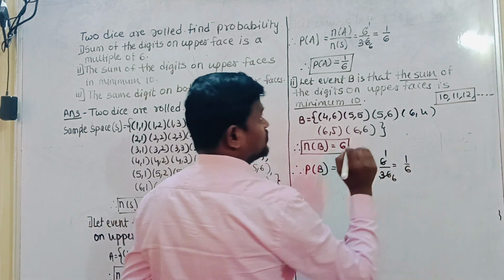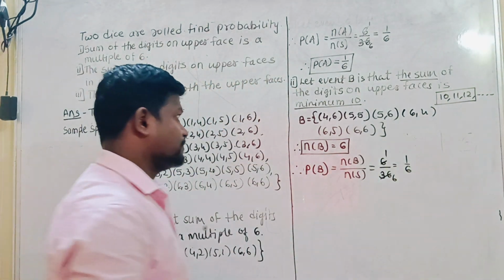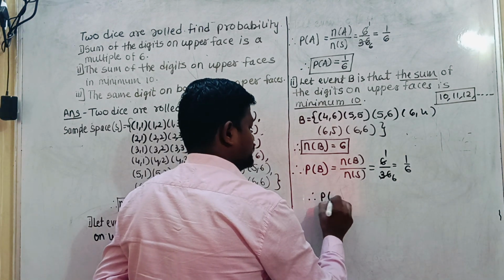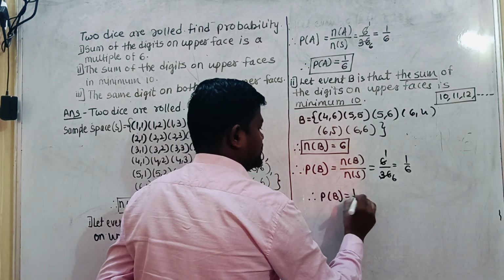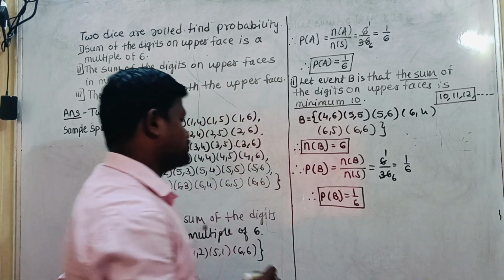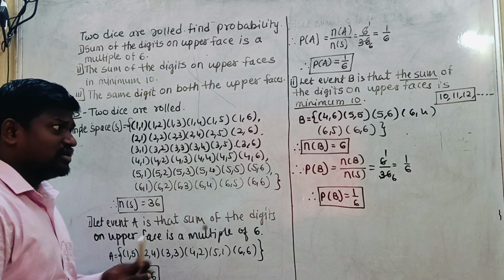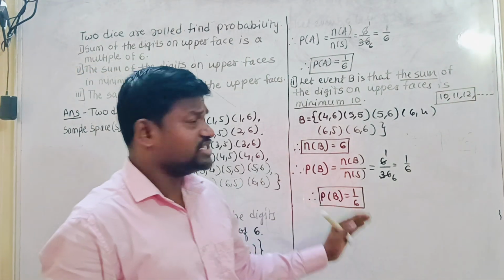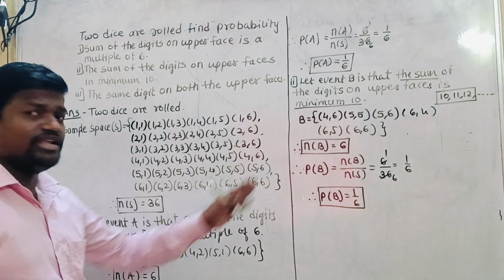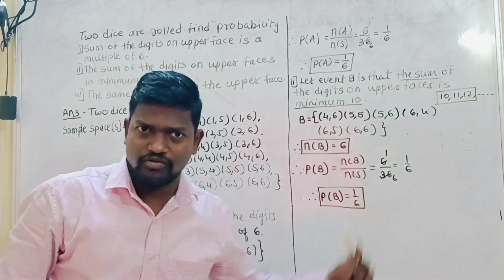So answer is 1 upon 6. Therefore, probability of B is 1 upon 6. So this is our answer for second event. So you have to write down first sample space, event A answer and event B answer.